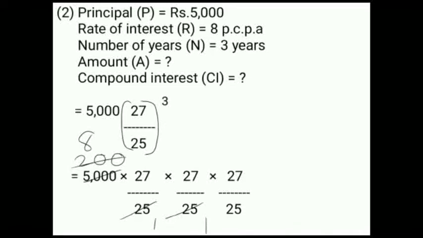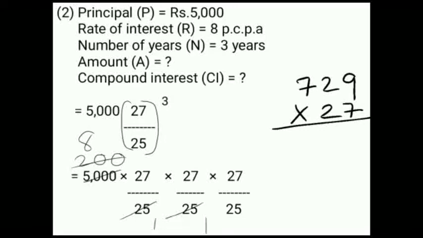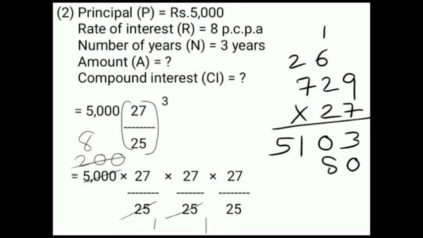Now I will multiply 729 into 27. 7 nines are 63. 7 twos are 14, 14 plus 6, 20. 7 sevens are 49, 49 plus 2, 51. 2 nines are 18. 2 twos are 4 plus 1, 5. 2 sevens are 14. Now you have to add this.